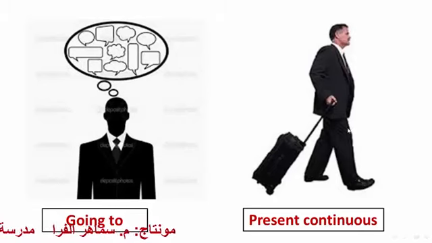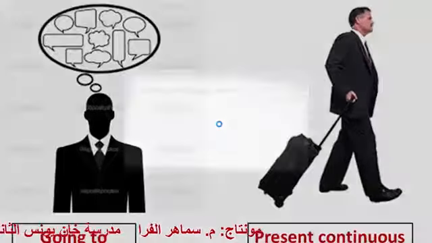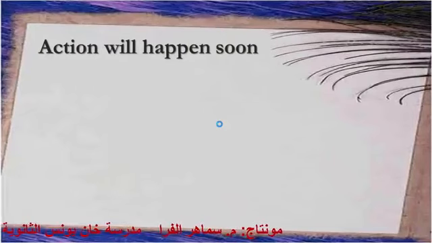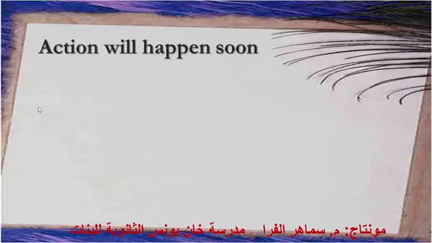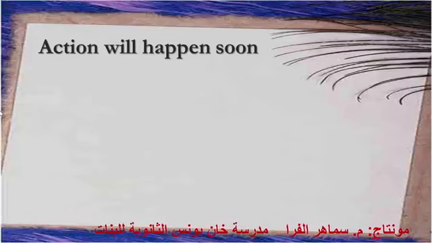But here he is traveling, his ticket is booked, and his handbag is prepared. That is the idea. When the arrangement is completed, the verb will be in present continuous. But when the arrangements are not completed yet, we should use be and then going to.